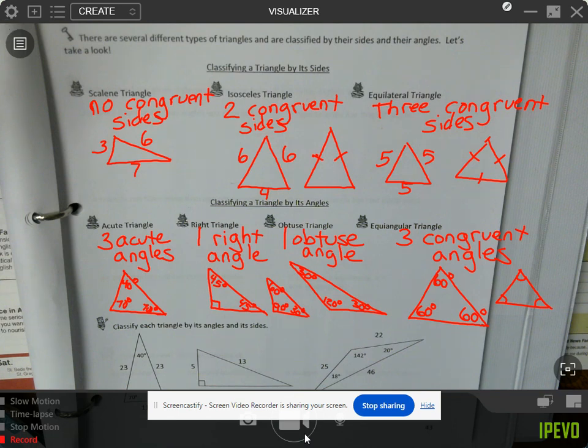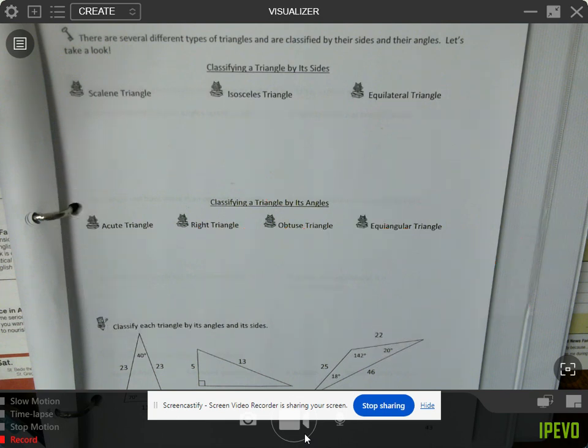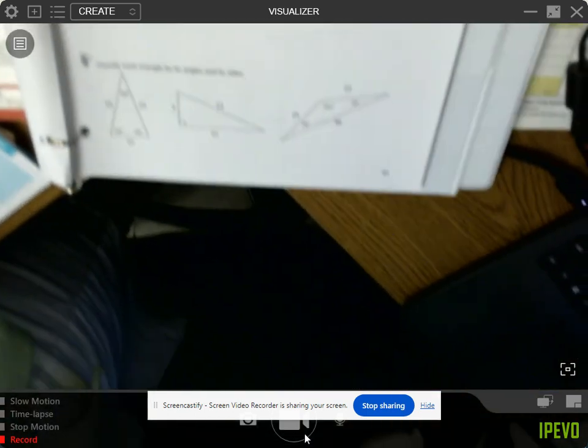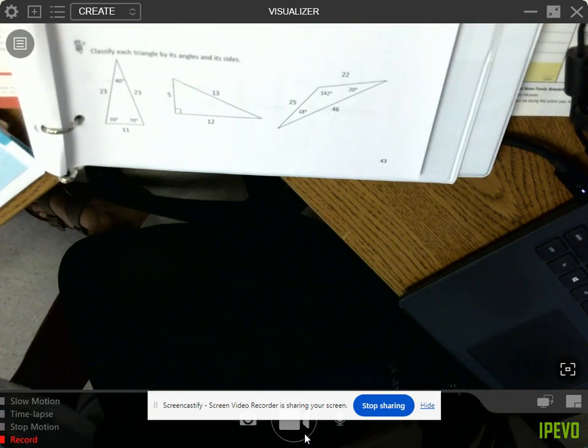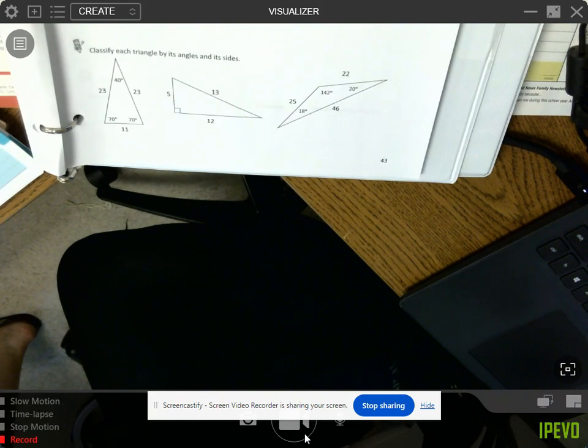All right, let's look at our work for today. On the bottom, it says classify each triangle by its angles and its sides. So you have to tell me what its side name is and its angle name.